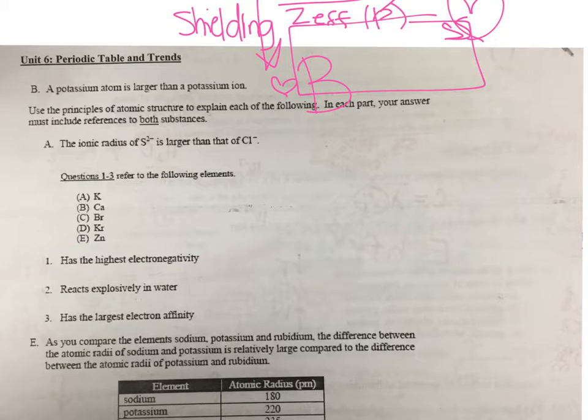Letter B, a potassium atom is larger than a potassium ion. Why? What does the potassium ion look like? He's a cation, and he's in group 1. So it lost an electron, so more protons.